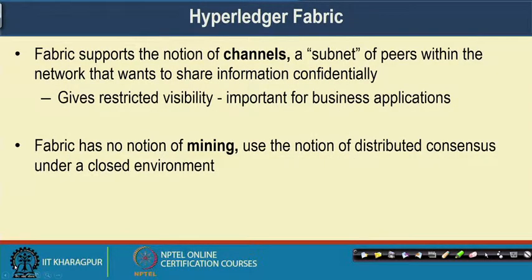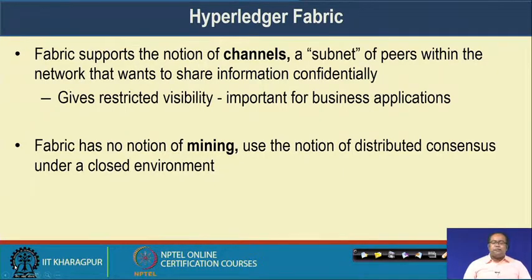Another interesting feature of Hyperledger Fabric is that it supports the notion of channels. A channel, you can think of it as a subnet of peers within the network who want to share information confidentially. That is important from the business perspective, where everyone should not have the same visibility of the data. Some group of peers has one level of visibility, some other group has another level.